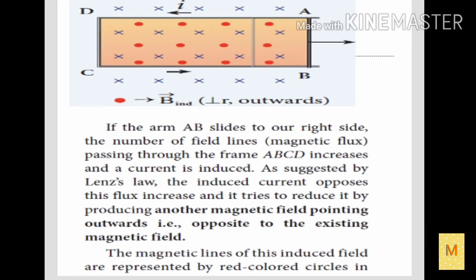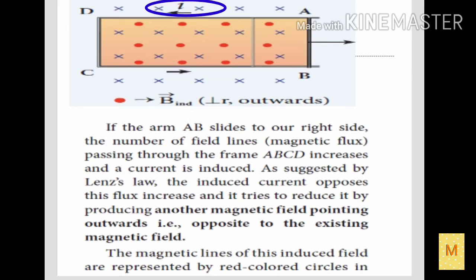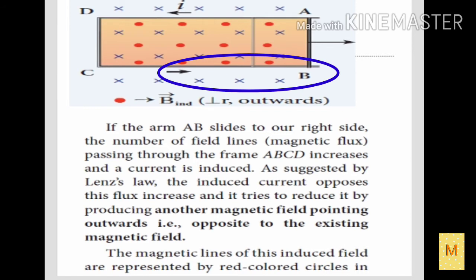If the arm AB slides to the right side, the number of field lines passing through the frame ABCD increases, so the magnetic flux increases and induces a current. As suggested by Lenz's law, the induced current opposes this flux increase and tries to reduce it by producing another magnetic field pointing outwards, opposite to the existing magnetic field.